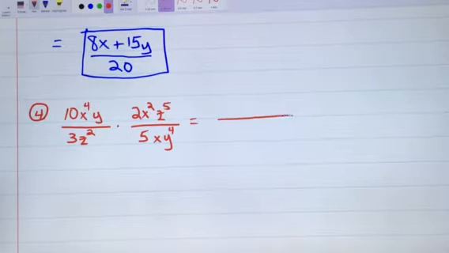And there are various ways that you can work with this. But I tell you what, if we just multiply out the numerators and denominators, I have 10 times 2 is 20. x to the 4th times x squared is going to be x to the 6th. y times z to the 5th. So you don't have any repetition of y or z in the numerator positions.